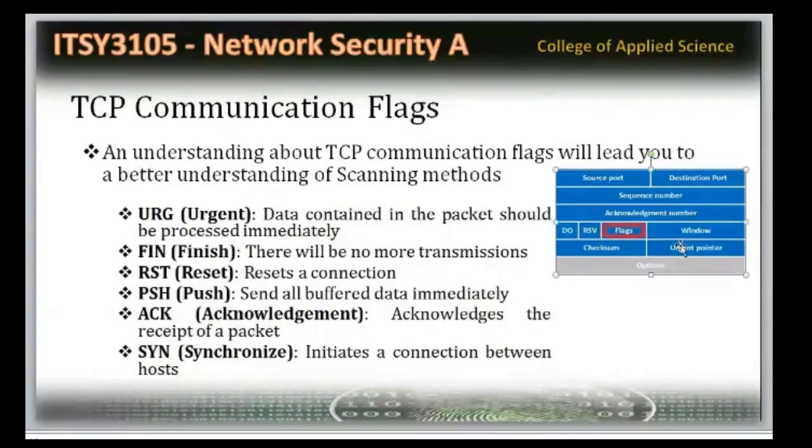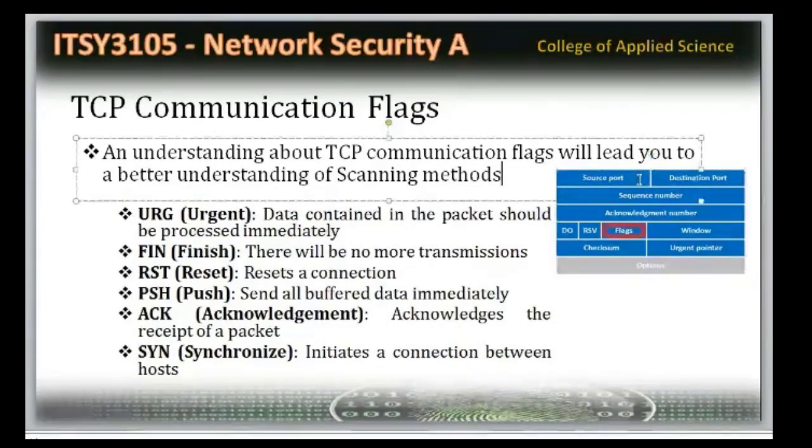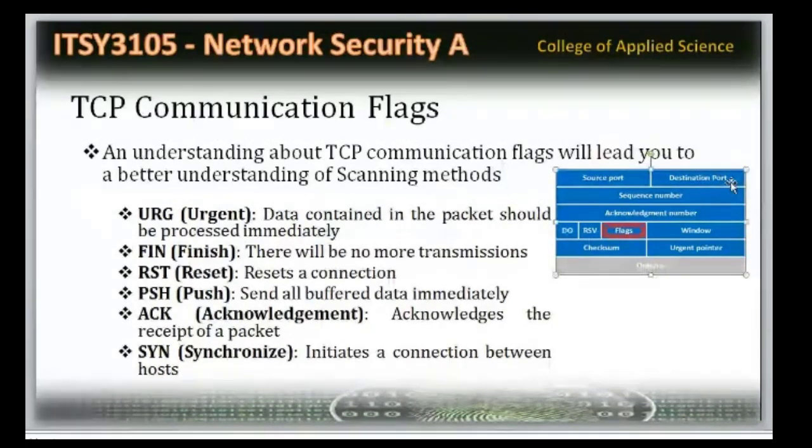In the TCP header, you can see port numbers available, the source port number and the destination port number. By seeing this field, you can say which layer it belongs to. This is layer 4, because you see the port number is available.